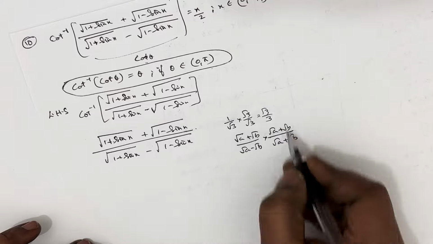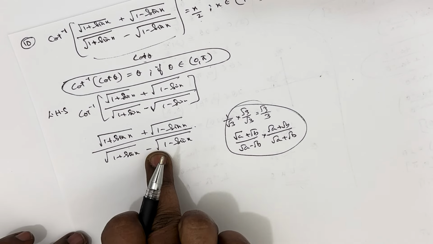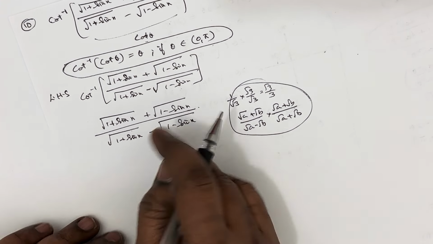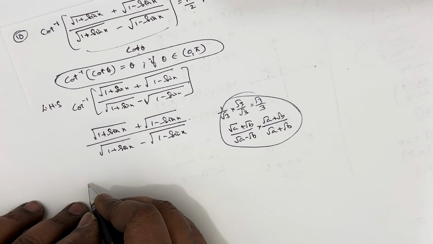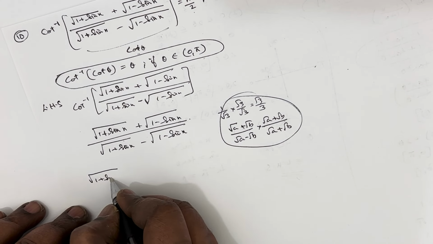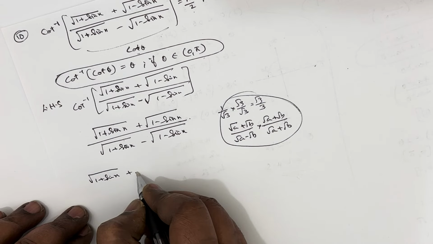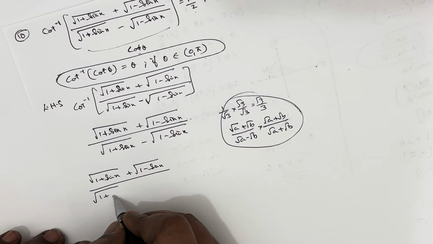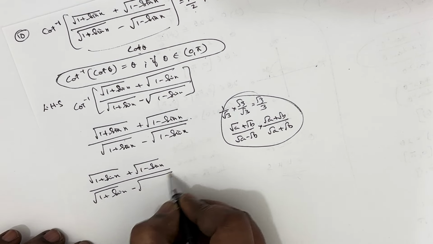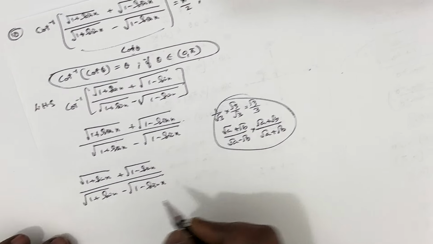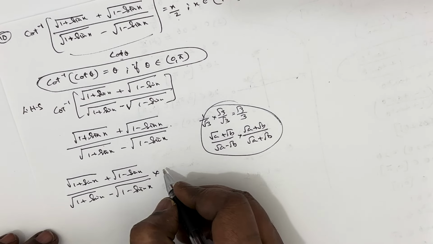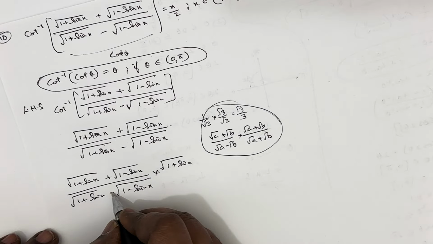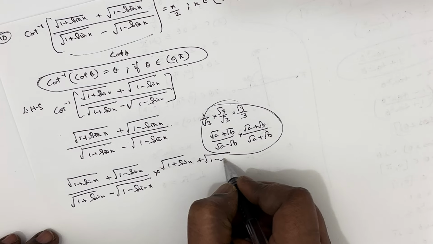In the same way I have to do this. For this also we have to remove the radicals from the denominator, so we multiply it with its conjugate, that is root 1 plus sine x plus root 1 minus sine x whole divided by root 1 plus sine x plus root 1 minus sine x.